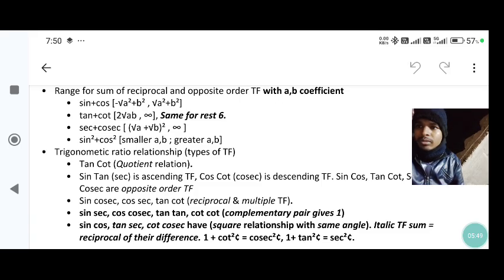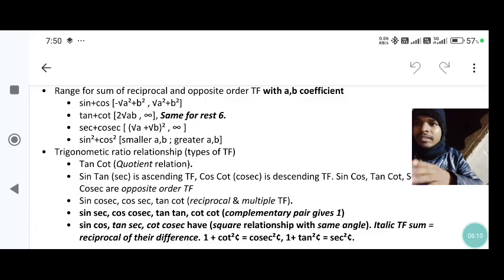Coming to a sec theta plus b cosec theta, the minimum value will be root a plus root b whole square, that is a plus b plus 2 root ab, and its maximum value will be infinity.